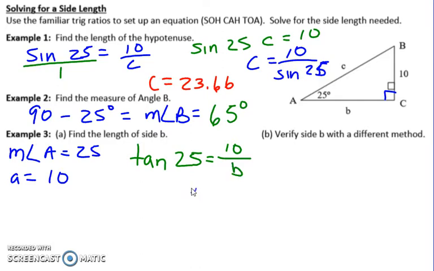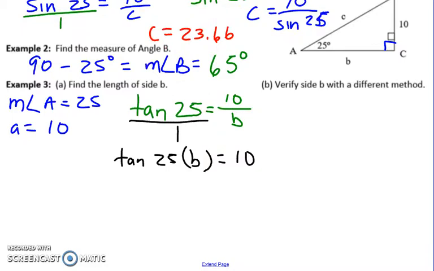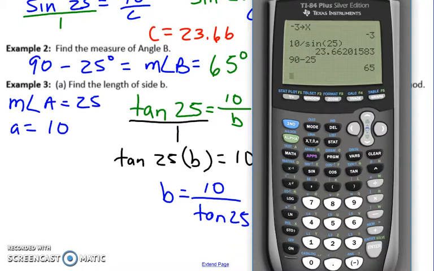So again, set up the ratio. We can say that this is over 1, cross multiply. We can say the tangent of 25 times b is equal to 10. So now solving for b, b is going to be equal to 10 divided by the tangent of 25. We'll go to our calculators again. 10 divided by the tangent of 25. Enter, and we get b to be 21.45.